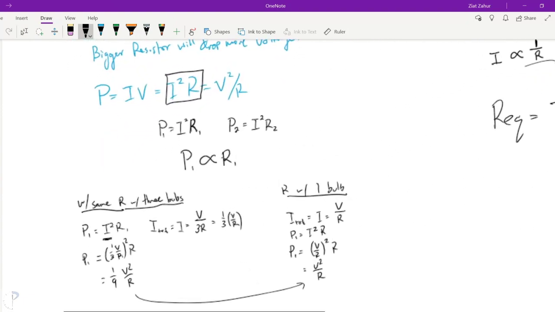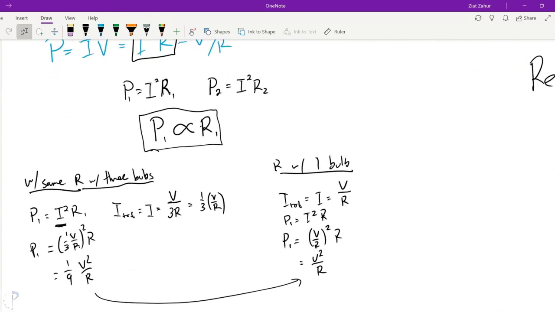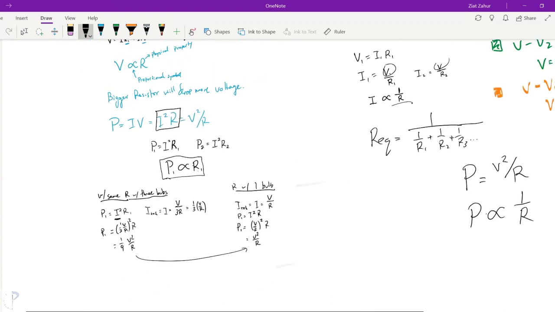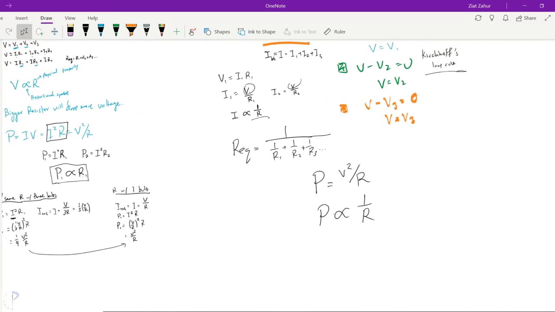In the series circuit, power was related to R directly. Whichever element has more resistance will have more power, therefore will be brighter. Here we have an inverse relationship. Whichever element has more resistance will actually be dimmer.